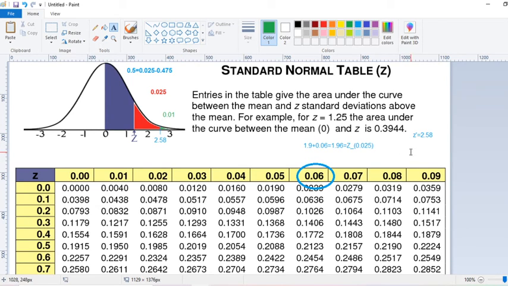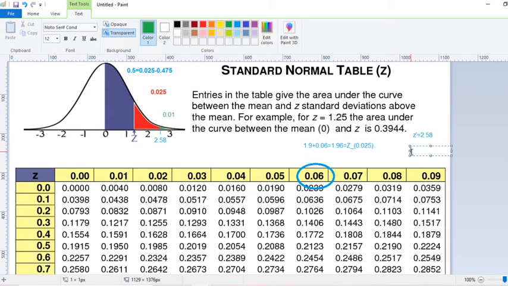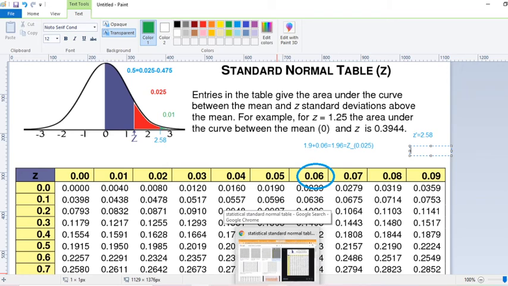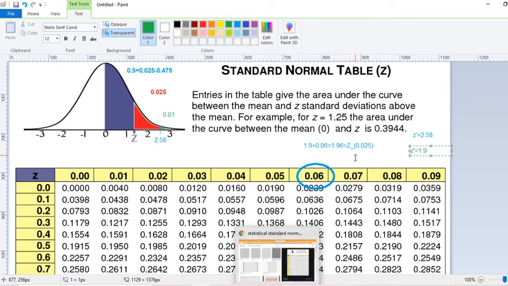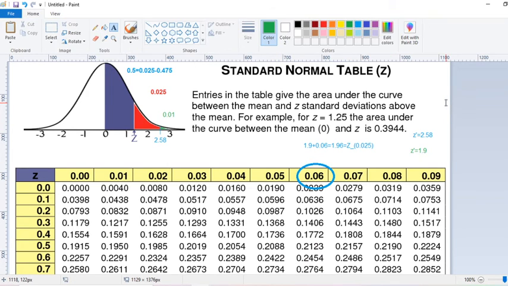On the other hand, suppose z dash is found to be 1.9. So what will be the inference?